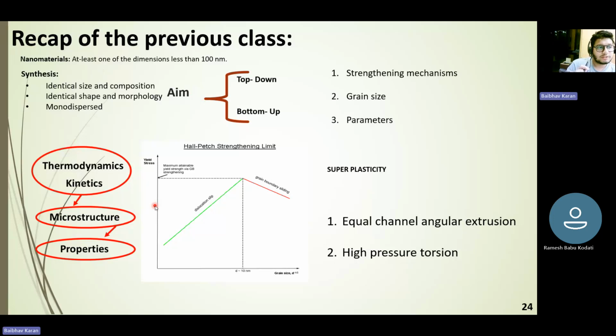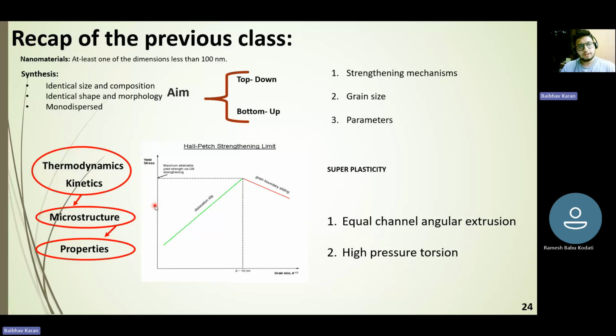So if we change the microstructure, the properties will change. That means the nanoparticles changing the thermodynamics will in turn change the properties of the material. Properties may be on the higher side or the lower side, we don't know, but it changes the properties of the material.